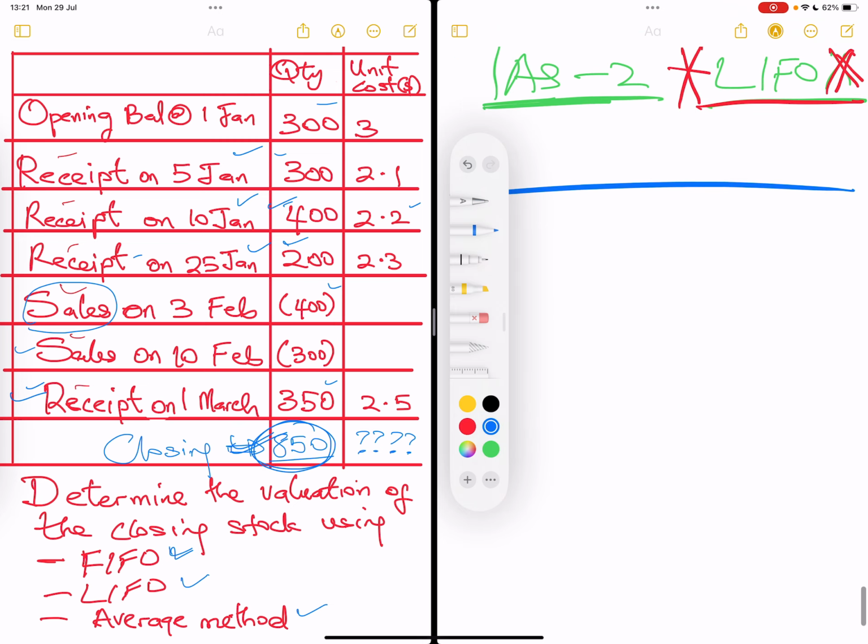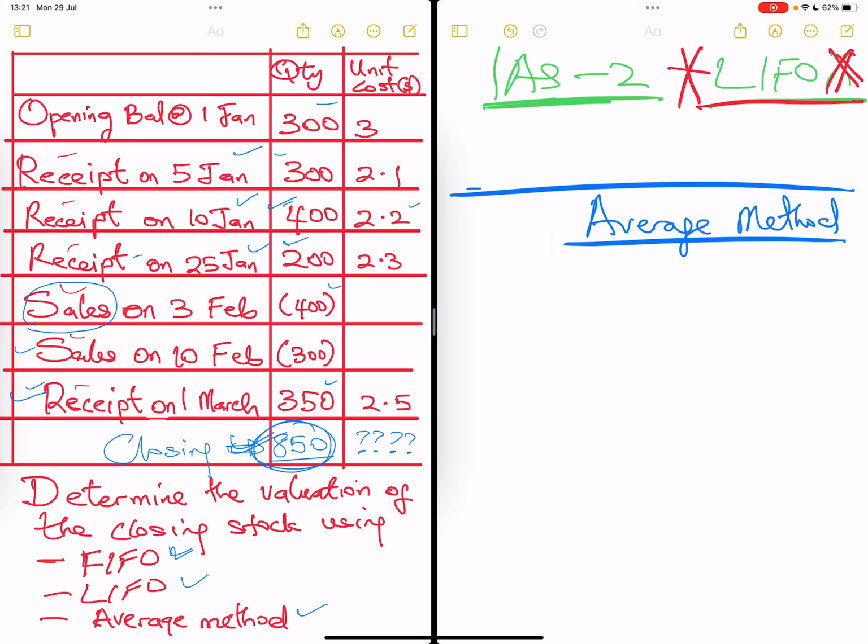The simplest one is the average method, which is what I want to deal with now. I hope it's going to be the simplest for you as well, but honestly I think it's the simplest of all of them.